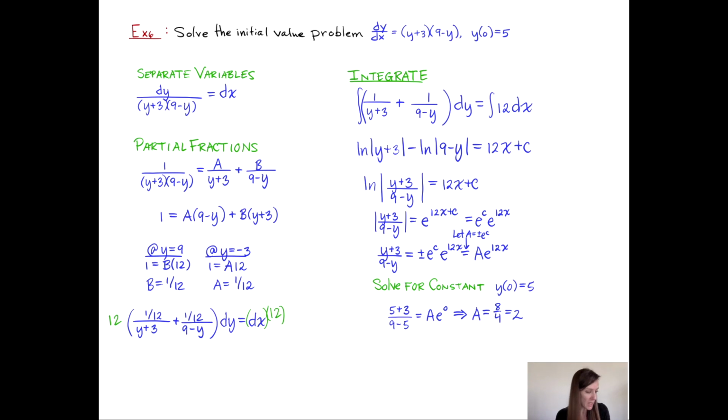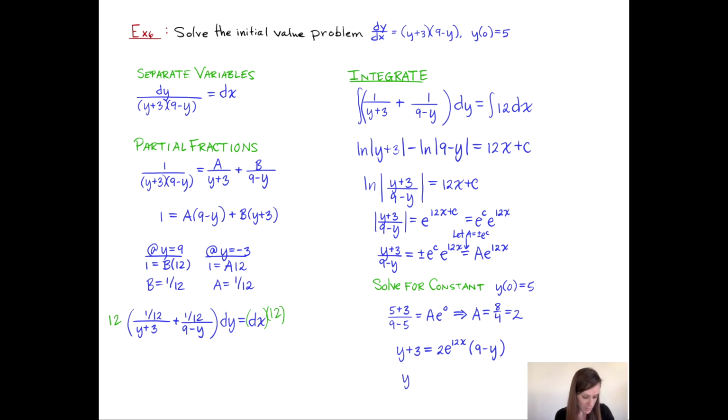Okay, so subbing that into our differential equation, our solution, and then multiplying both sides through by 9 minus y, we have y plus 3 is equal to 2e to the 12x, and we cross multiplied here by the 9 minus y, and our goal is to solve for y. So now we need to distribute on the right-hand side of this equation.